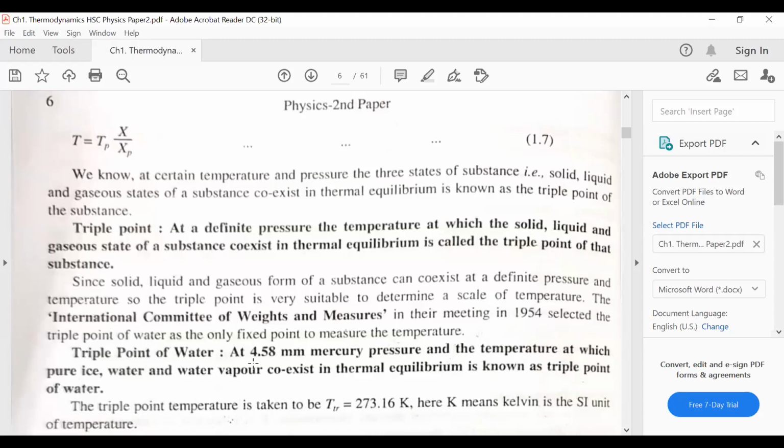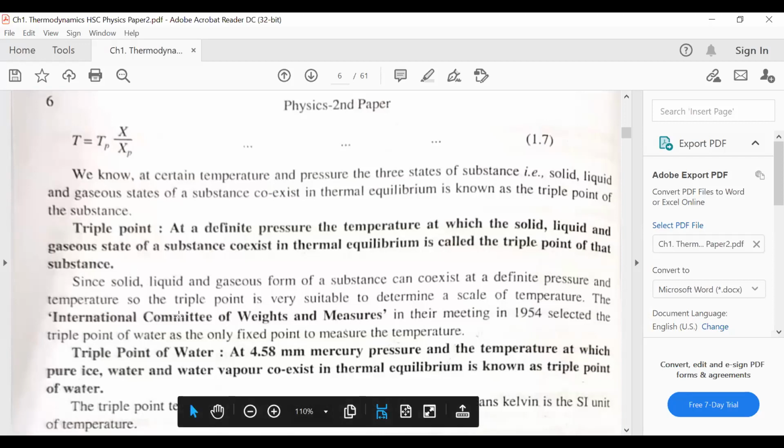So at very low pressure compared to that, there is a situation where solid, that is ice, liquid, that is water, and water vapor, which is gas, coexist in thermal equilibrium. This is called the triple point of that substance. So the triple point of water is at 4.58 millimeter of mercury pressure.